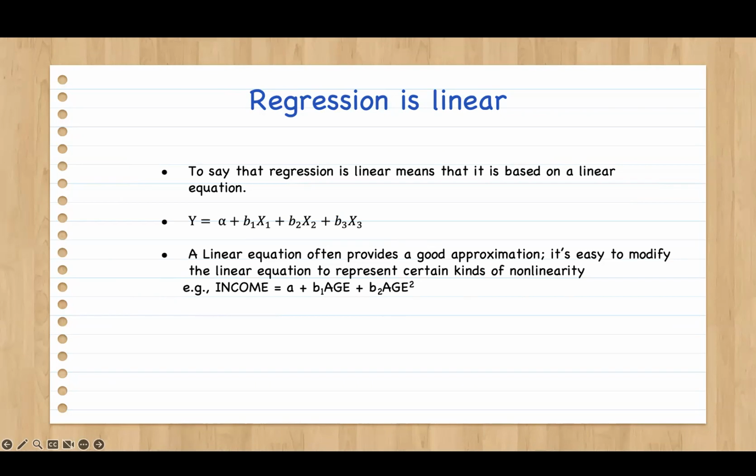Even if the true relationship is not linear, a linear equation will often provide a good approximation. When you do not know the true form of a relationship, start with something simple. It's easy to modify the linear equation to represent certain kinds of non-linearity. For example, we include both age and the square of age in the equation to predict income.